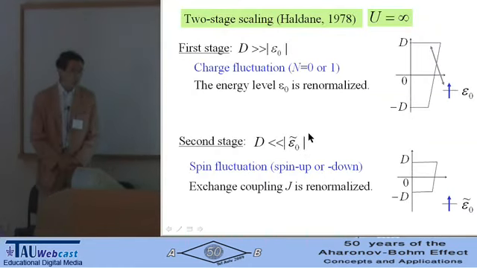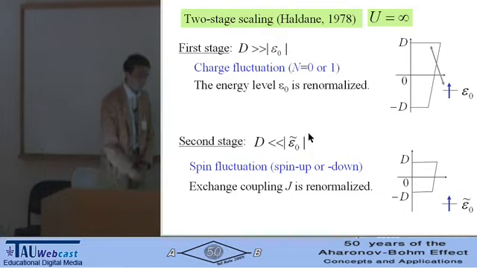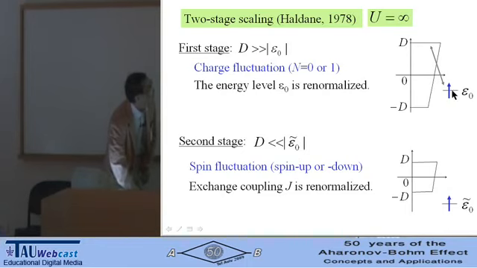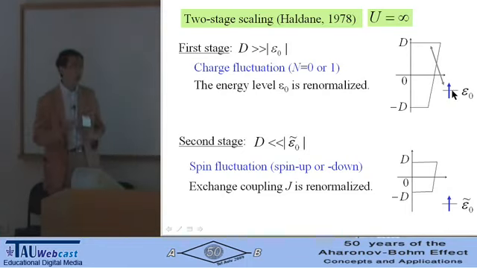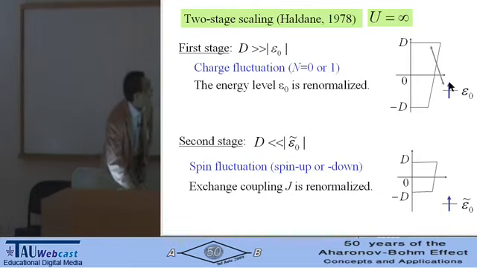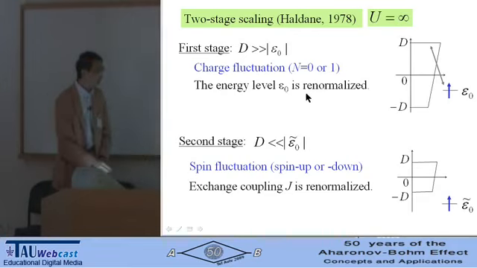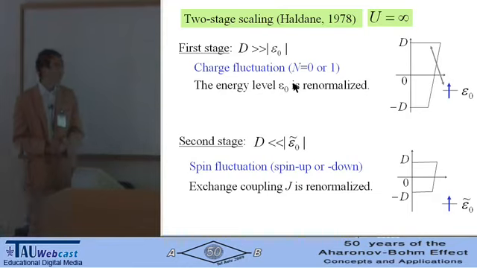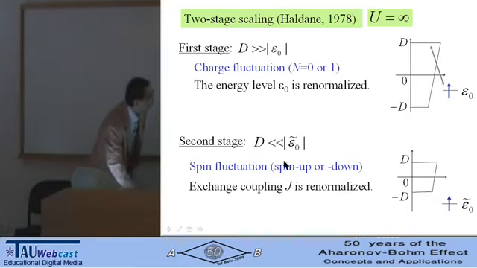Technically, we adopt Haldane's two-stage scaling, assuming infinite U. On the first stage, charge fluctuation, so the number of electrons in the quantum dot is unity or 0, and the energy level in the quantum dot epsilon naught is renormalized. On the second stage, after the charge fluctuation is quenched, spin fluctuation is taken into account, and the exchange coupling J is renormalized.